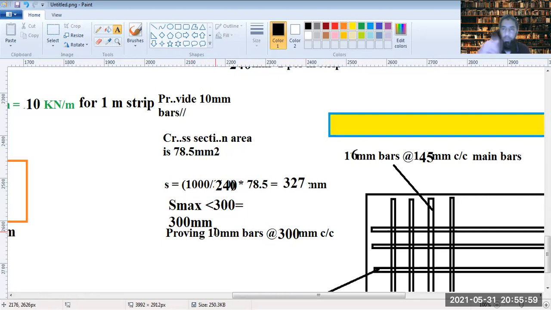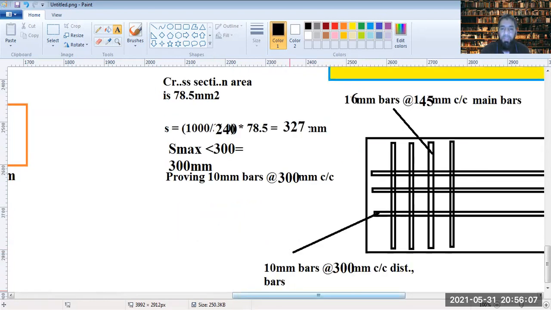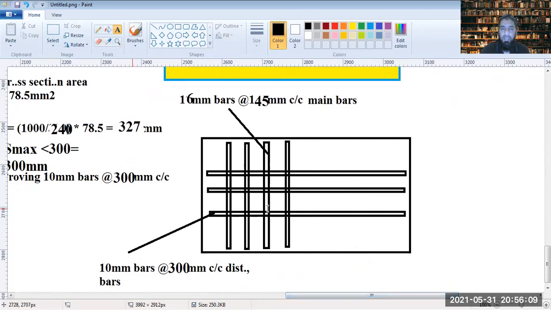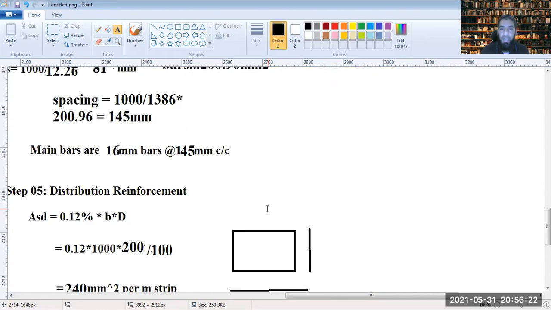Now what you could do is reduce the bar diameter further to 8, but it's not recommended to do that for slabs. You should at least provide 10 bars in slabs, and not go less than that, not provide 8 bars, because they have certain more issues, and you don't get 8 bars mostly in the high deformed in the market as well.